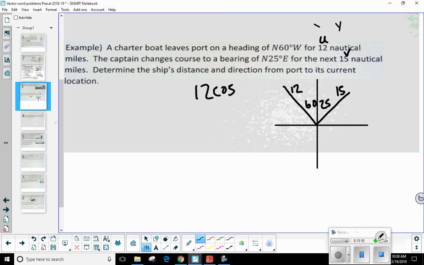So 12 cosine 150, comma, sine 150. And let's go ahead and move that over a little ways, because otherwise we're about to hit the graph. There we go. Okay, and that's the component form for vector u.